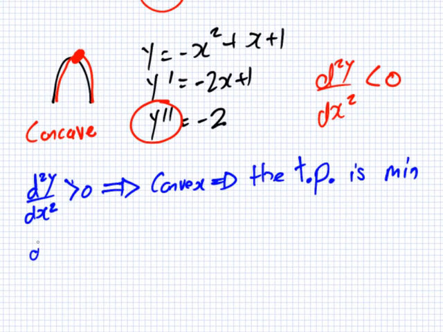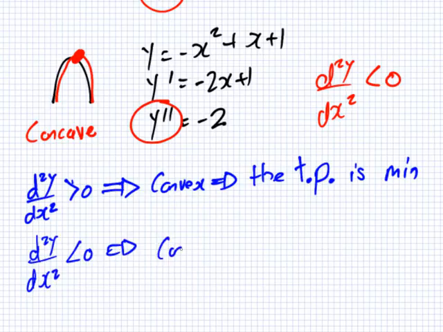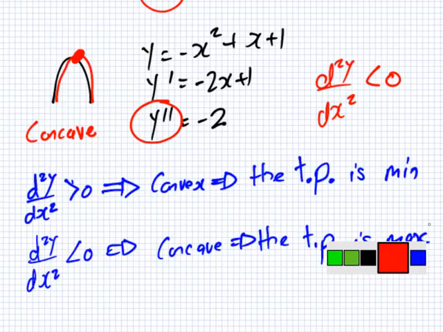And if the second derivative is negative, that means it's concave, which means the turning point is a maximum. Let's have a look at some examples. It'd be useful to write these 2 points down.